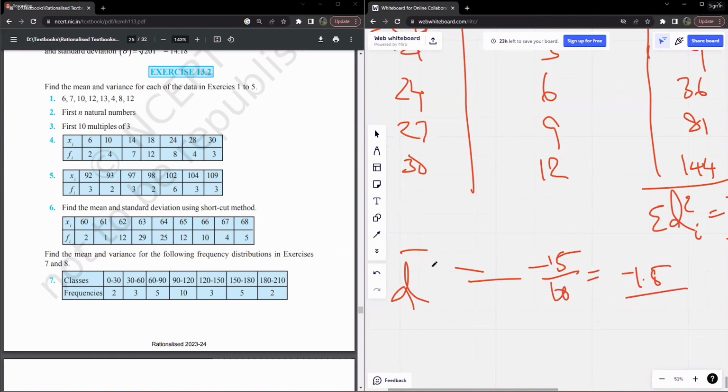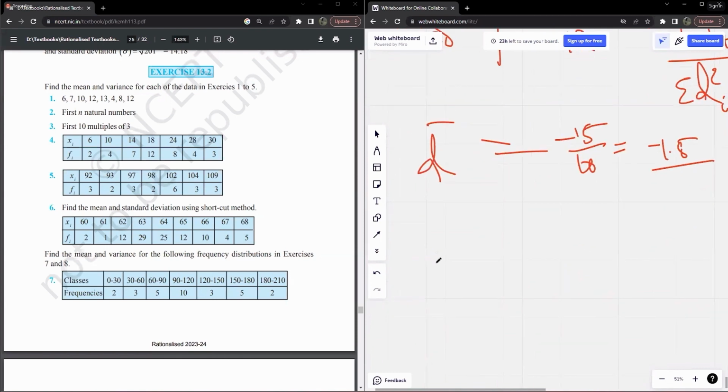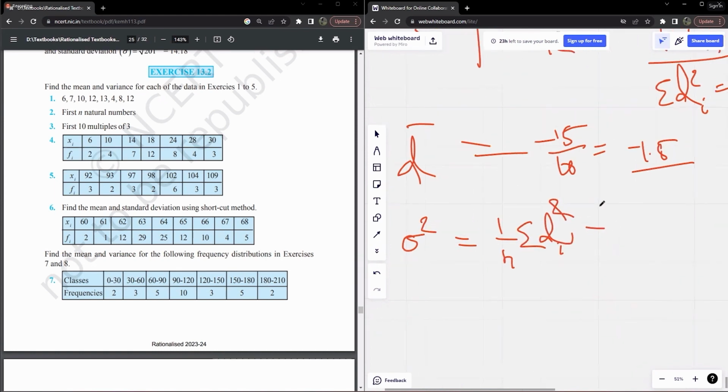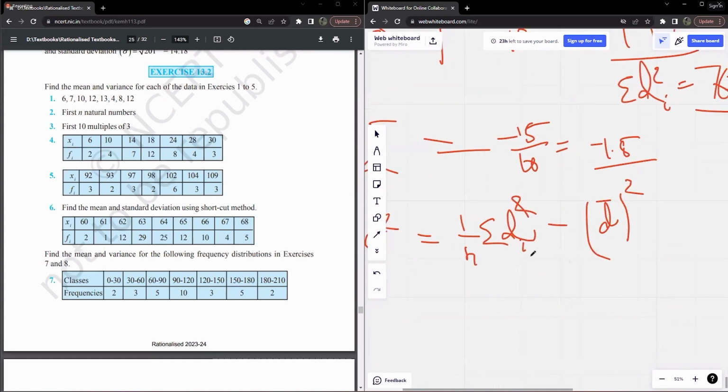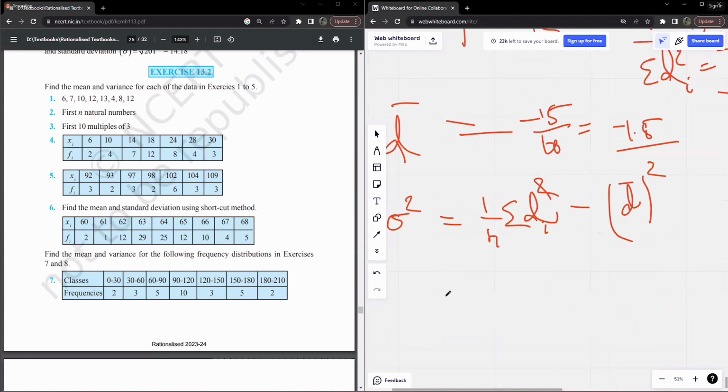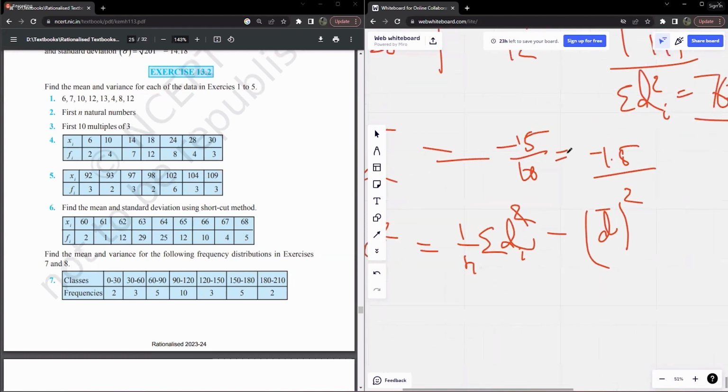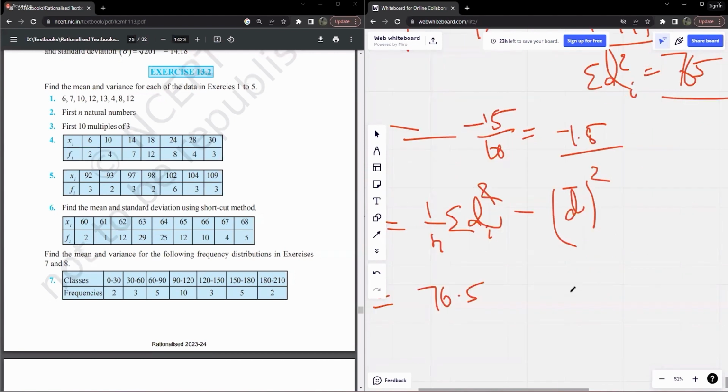And the variance sigma square is going to be 1 by n times sigma d square minus d bar the whole square, right? Which is basically 765 by 10, that's 76.5, minus this value, the whole square, which is 2.25. Okay.